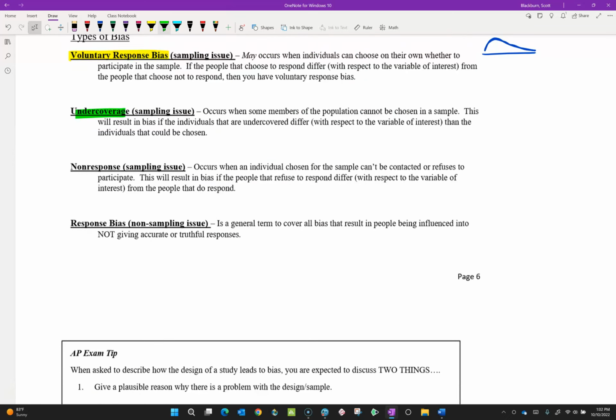Non-response. This is a sampling issue as well. Non-response occurs when an individual chosen for the sample can't be contacted or refuses to participate. This will result in bias if the people that refuse to respond differ with respect to the variable of interest than people that choose to respond. So this is the thing that really makes you sad. You do everything in your power to get a good sample.